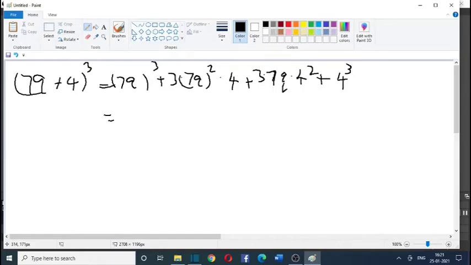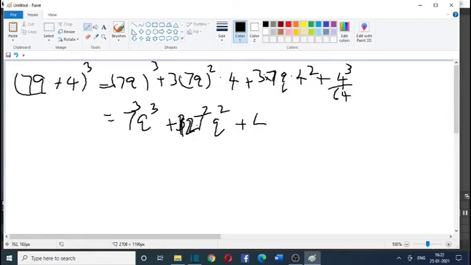So we have 7 cube q cube plus 3 into 7 square q square into 4, so this is 12, 12 into 7 square q square, plus 3 into 4 square, 16 into 3, 48 into 7q, plus 63 plus 1.